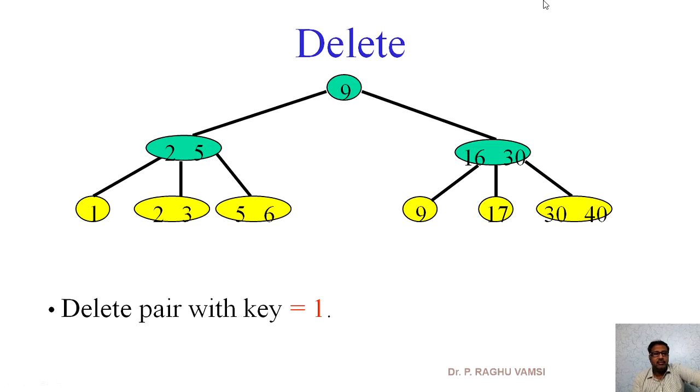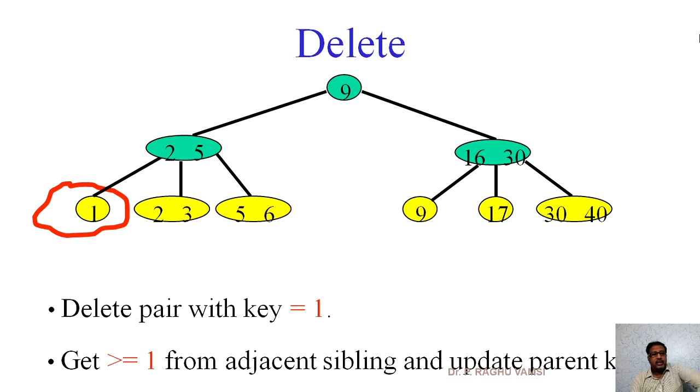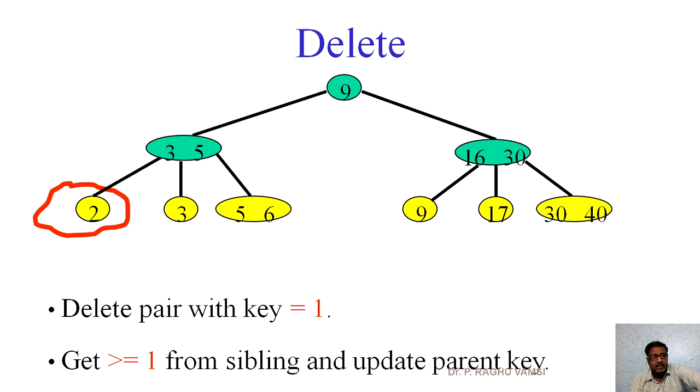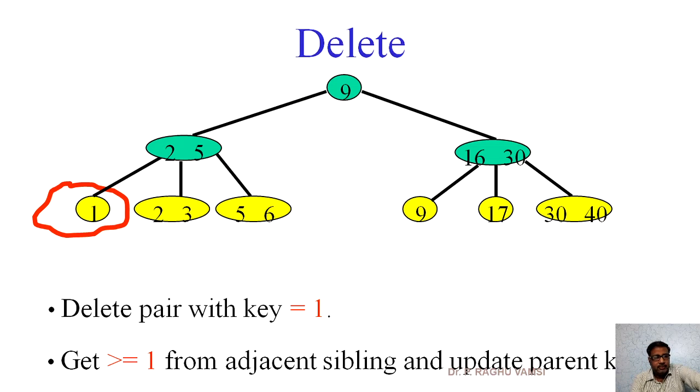Then delete pair with key equal to 1. So whenever the key 1 is to be deleted, 1 is compared with 9, go to the left side, compare with 2, traverse to the left side, 1. Here 1 is going to be deleted. So get a key greater than or equal to 1 from the adjacent sibling. If 1 is deleted, you are supposed to get the element from the sibling and update the parent key. What is the element to be picked up from the sibling? That is 2.